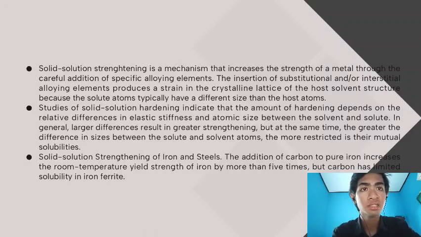In general, a large difference results in greater strengthening, but at the same time, the greater the difference in size between the solute and solvent atom, the more restricted is their mutual solubilities. The solvent phase becomes saturated with the solute atom and reaches its limit of homogeneity.